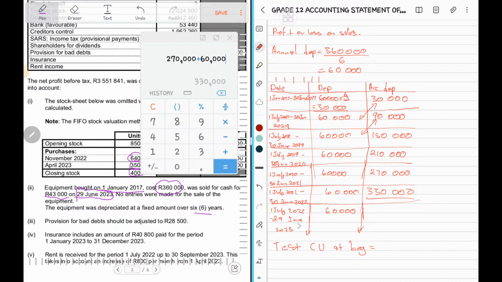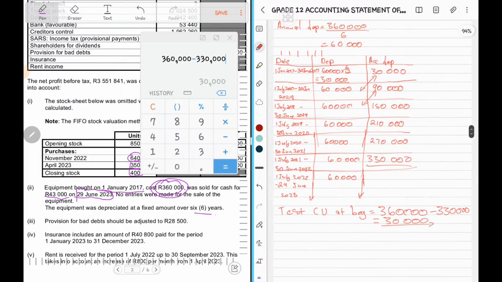So we're going to take the cost of 360,000, then we're going to subtract the 330,000. Then that'll give us how much? If we take 360,000 and subtract 330,000, then that means the carrying value is 30,000.